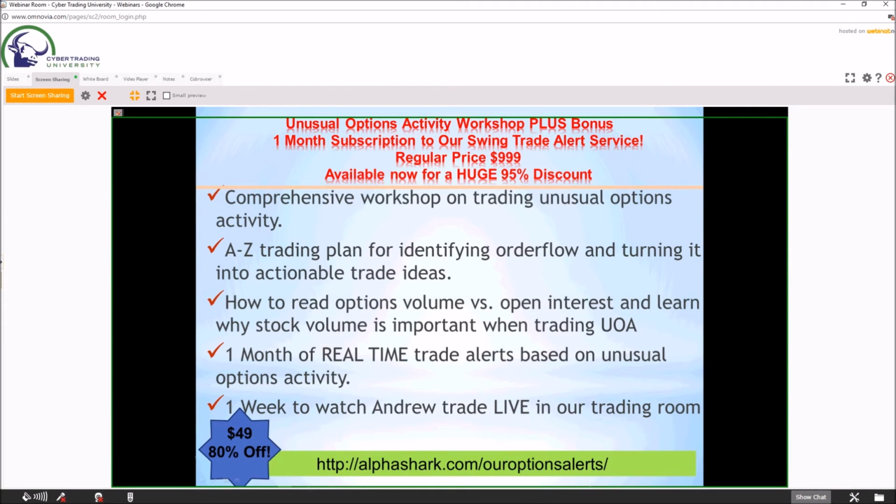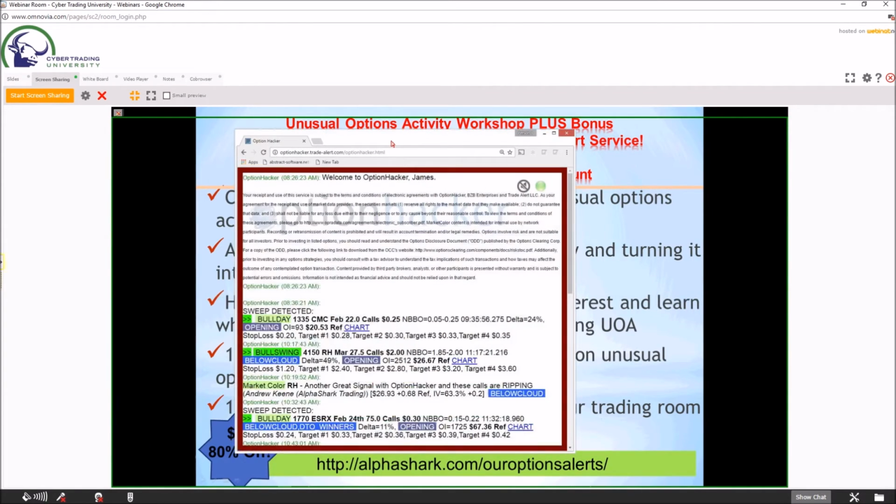Yeah, they're big unusual options activity buffs. They definitely focus on UOA. The orders that we flag, they oftentimes will highlight later on Fast Money. Like this morning, this is a really good example. This morning we flagged Restoration Hardware, these March 27 calls that they bought for $2.